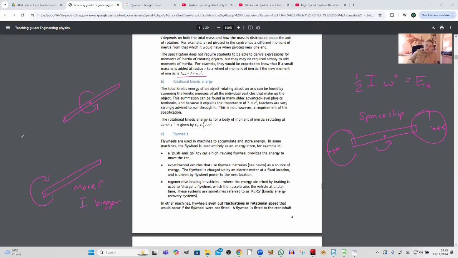And so interpretation of the diagrams and the descriptions of the situations, that is the hard bit of the questions on the engineering physics option paper.